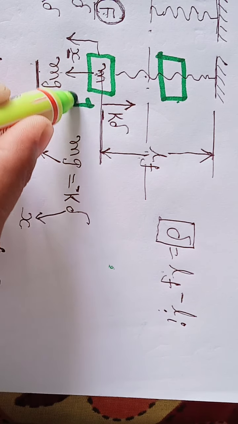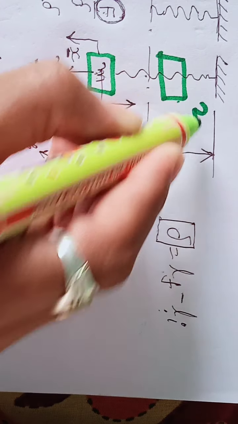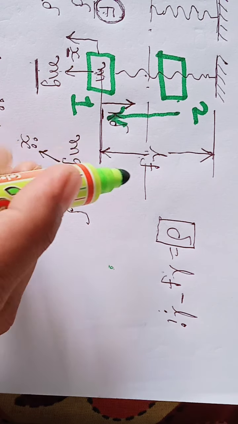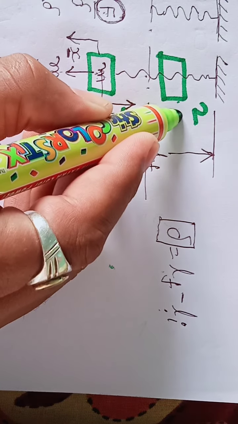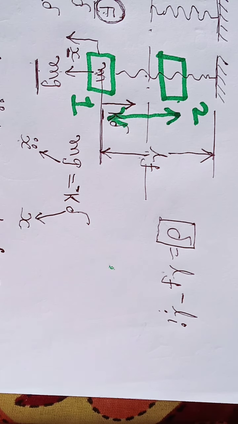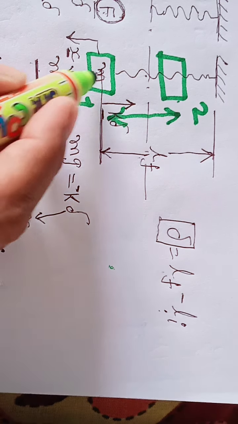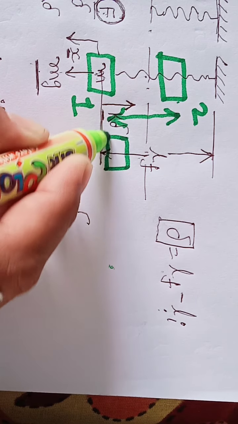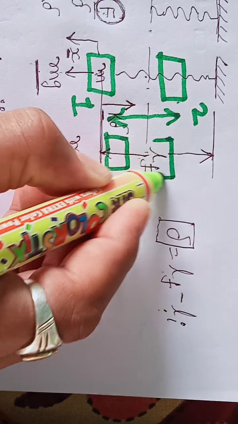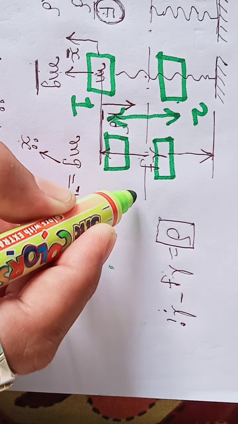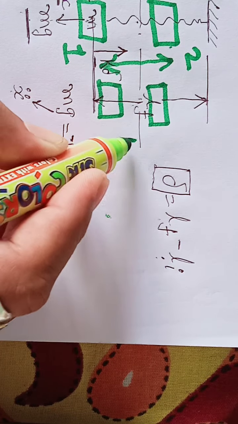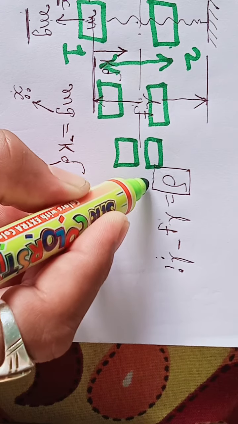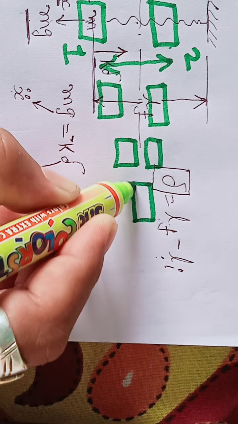This is the first position, this is the second position, then again it comes back to the first position, again goes back to this position, and gradually the mass is here, then here, and finally it comes to rest.